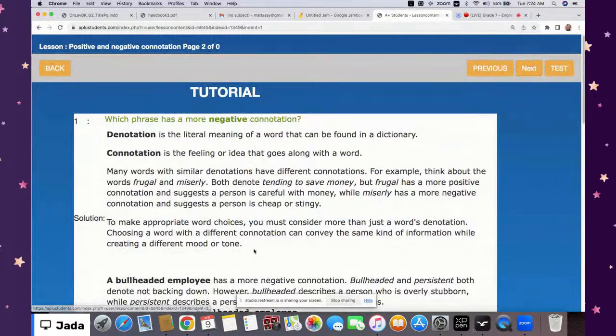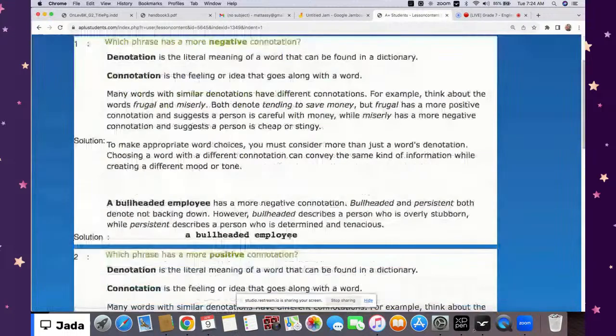A bull-headed employee has a more negative connotation. Bull-headed and persistent both denote not backing down. However, bull-headed describes a person who is overly stubborn, while persistent describes a person who is determined and tenacious.